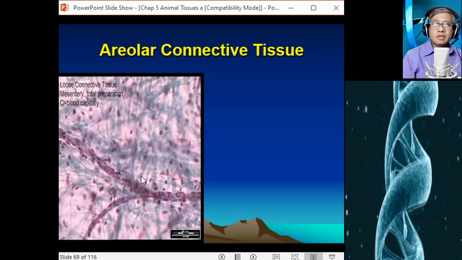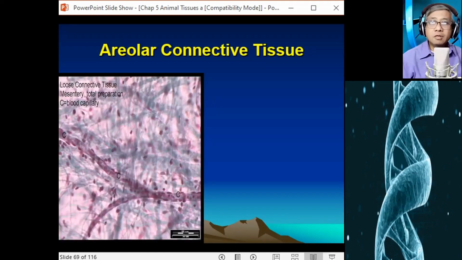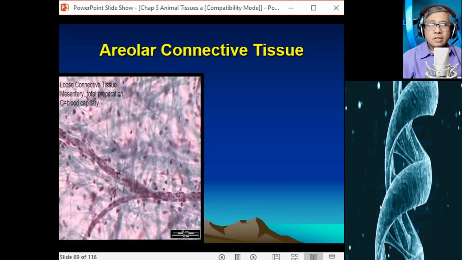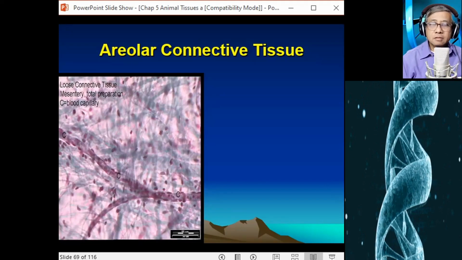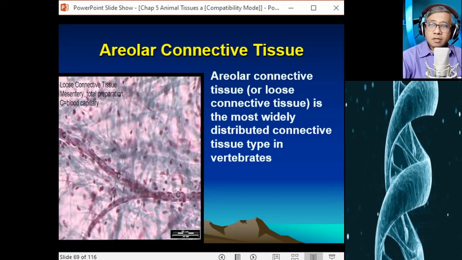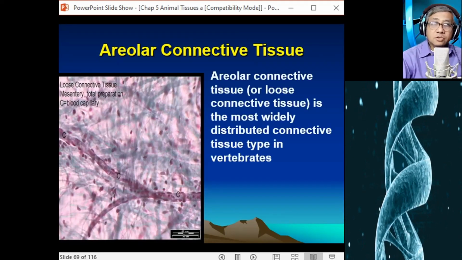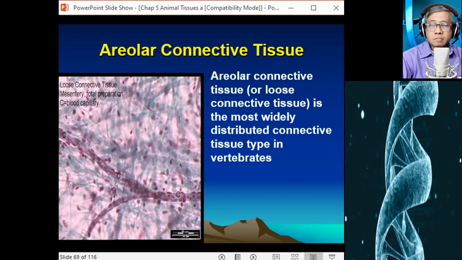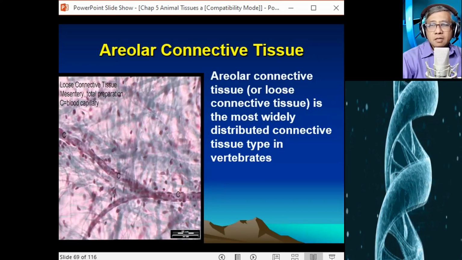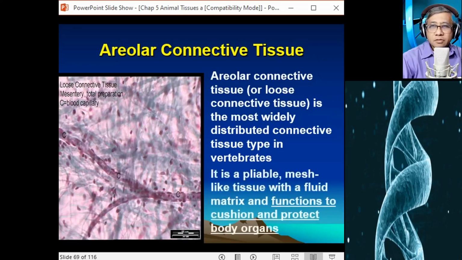Alright, so next we have the areolar connective tissue. Areolar still belongs to the loose connective tissue. Areolar connective tissue or loose connective tissue is the most widely distributed connective tissue type in vertebrates. We have it too.